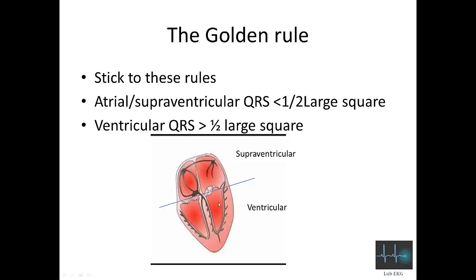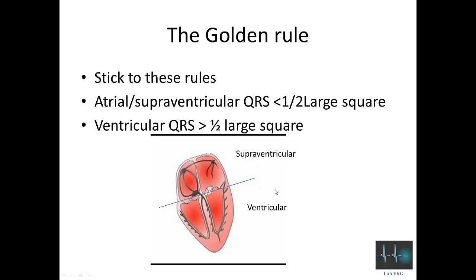If you have a signal that originates from the ventricle, a ventricular arrhythmia, you will almost always have a QRS complex which is larger than half a large square. Sorry.